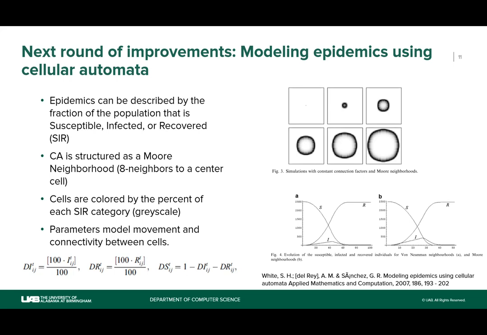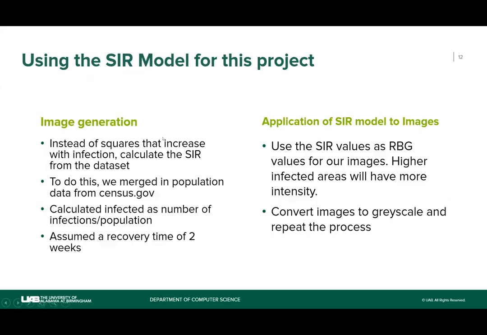But as we create a formal game of life game board, one of the things that we need to do is actually have all our counties adjoining each other in a regular grid. And so we'll be using census data for adjoining counties in order to build that grid, so that we can then include the SIR model.